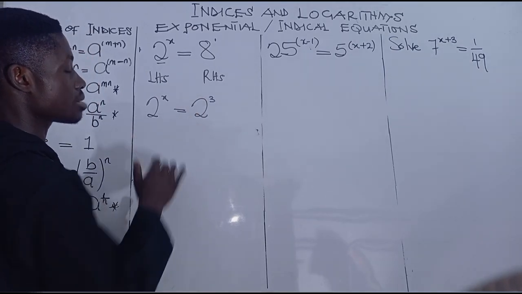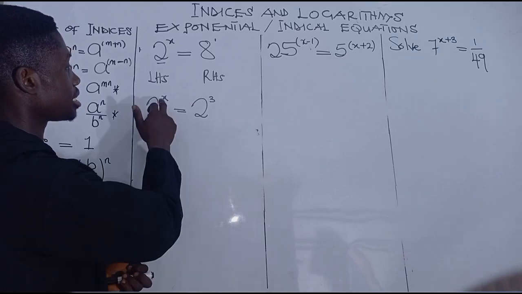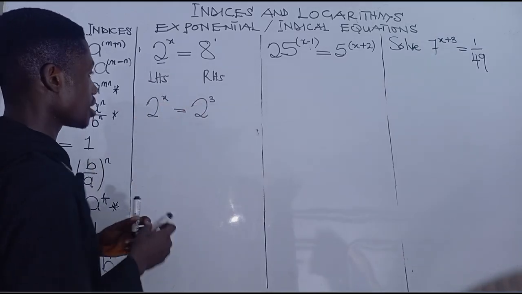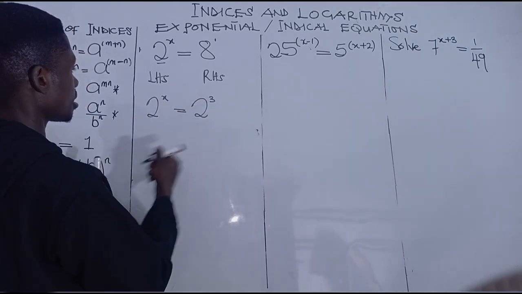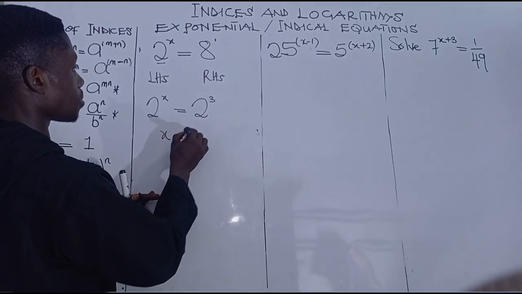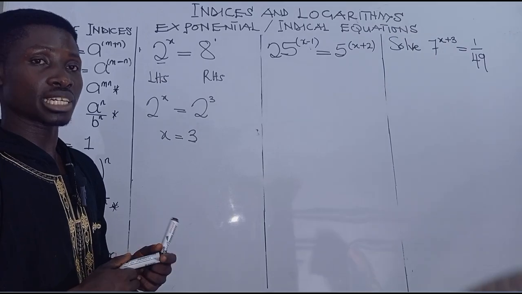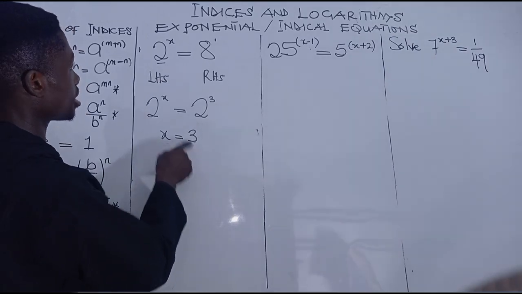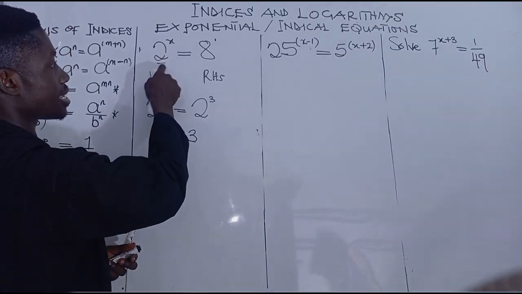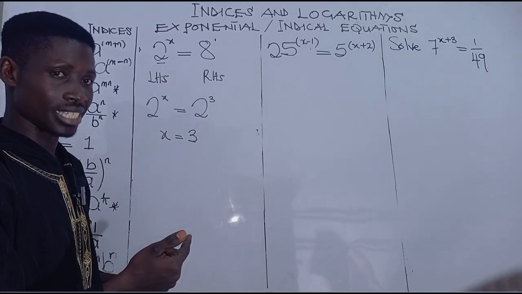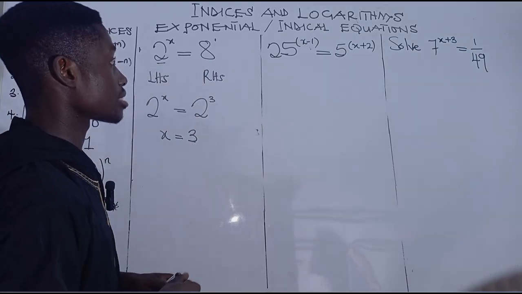Since the bases are the same, what we have to do is to just equate their exponents. So from here, you can say that our x is equal to 3. Very, very easy. You can cross check it. We have our x is 3, so 2 raised to the power 3 is 8, and 8 is equal to 8. Very easy and simple.